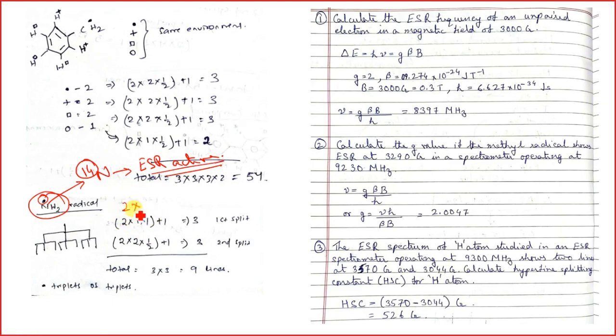So 2nI plus 1, where small n, the number of nitrogens, is 1, multiplied by I for nitrogen, which is 1. Plus 1, so it comes out to be 3. So initially we will have 3 splittings due to the nitrogen.